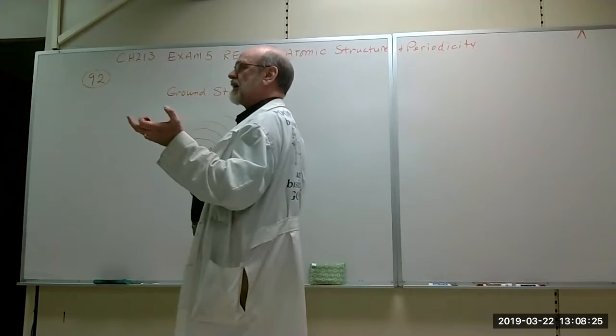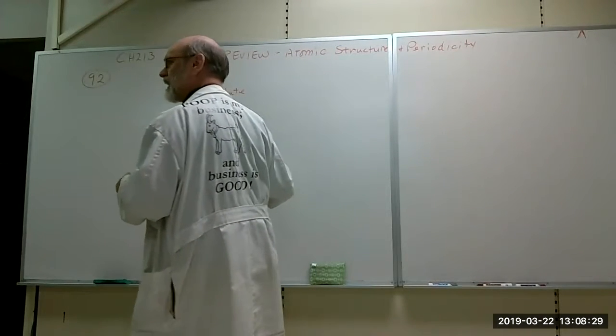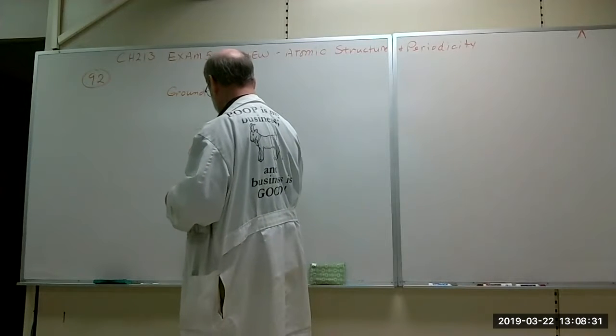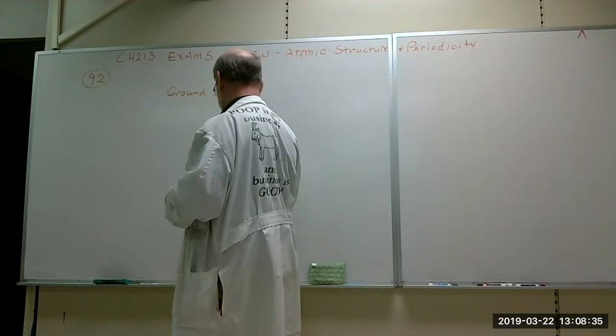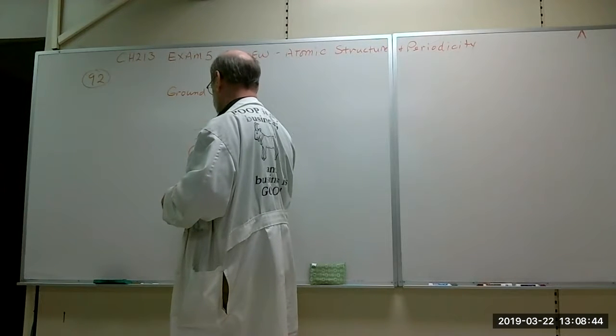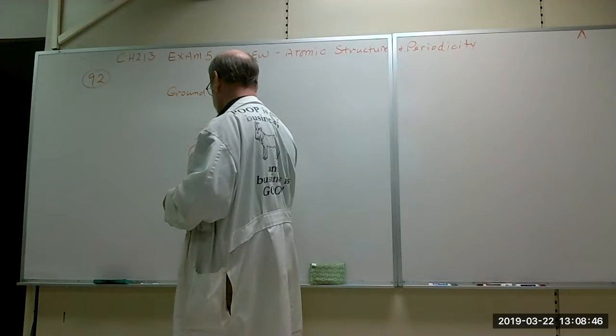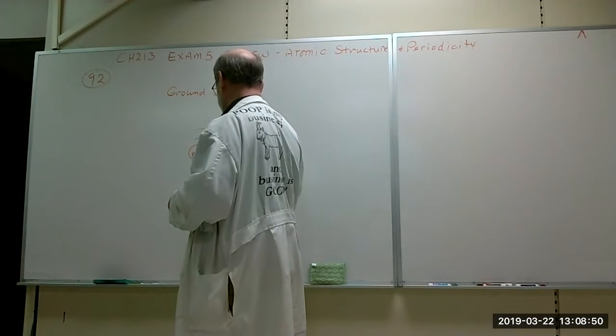But if it's something like oxygen that has 8 electrons, it'll have 1, 2, and then this level will have 6, right? We could have a maximum of 8 here, since this one is s and this one is sp, so we could have 6 electrons here.